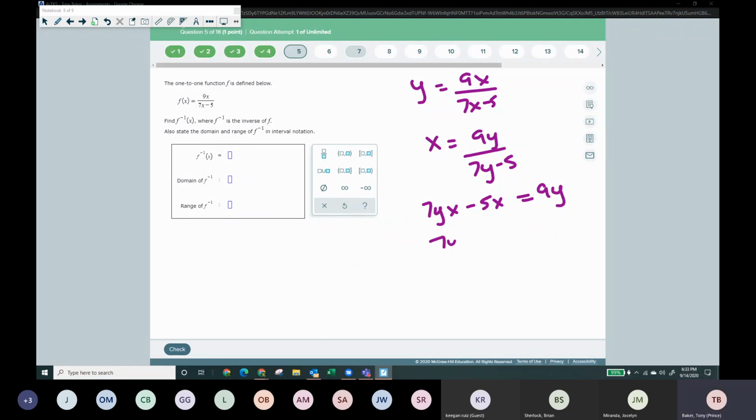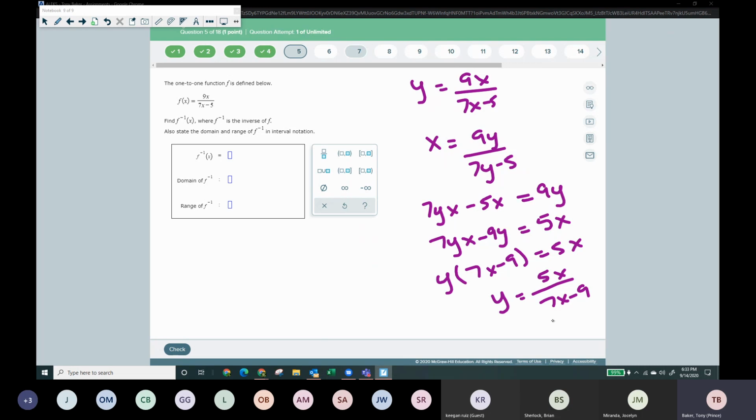So I have 7xy minus 9y equals 5x. I'm going to pull out the y. So I have y times 7x minus 9 equals 5x. And then I'm going to divide by 7x minus 9. So that is my inverse.